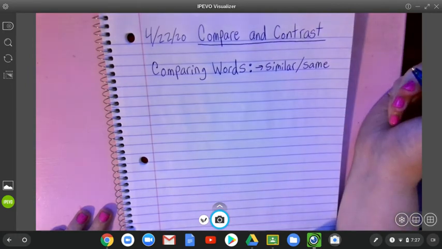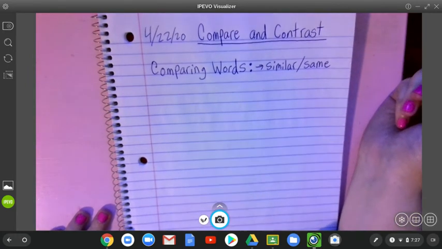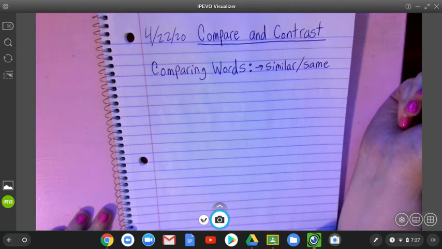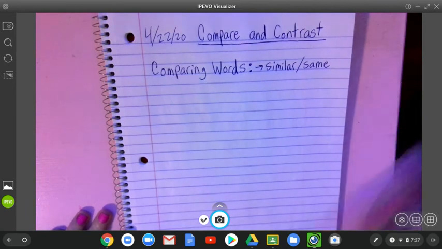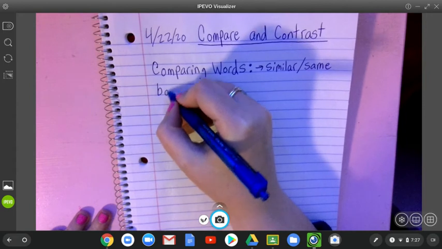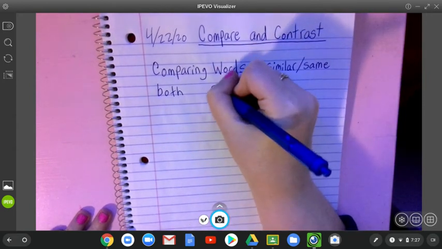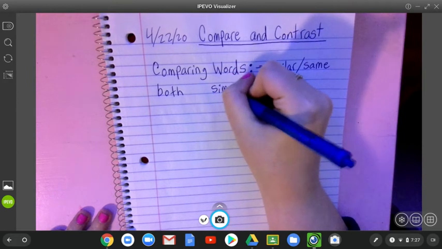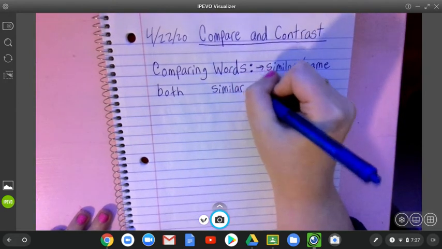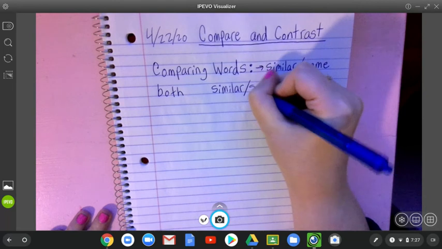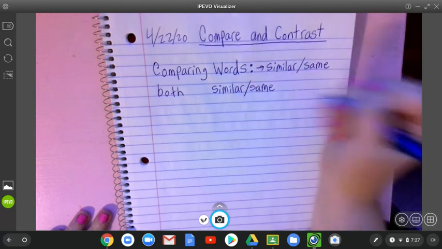Let's use the example of a dog. Let's say my dog has brown fur and your dog also has brown fur. We would say that they both have brown fur. Or we could say, similar fur colors. Or my dog has the same color fur as your dog.